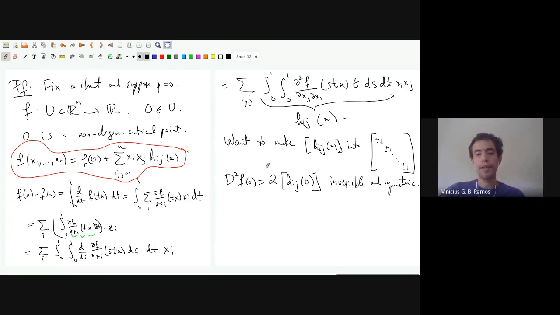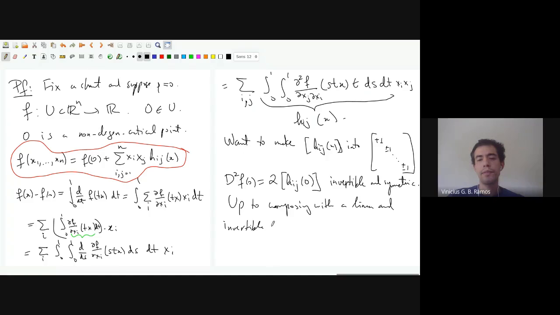So the first step is we're going to change coordinates. First, up to a linear change of coordinates, up to composing with a linear and invertible transformation, we can assume that h11 of 0 is different from 0.